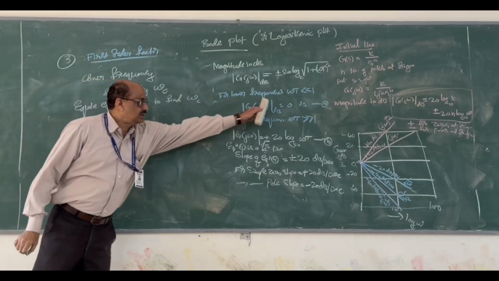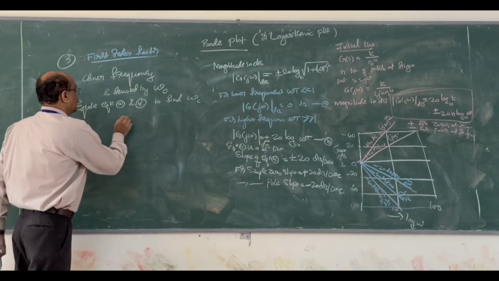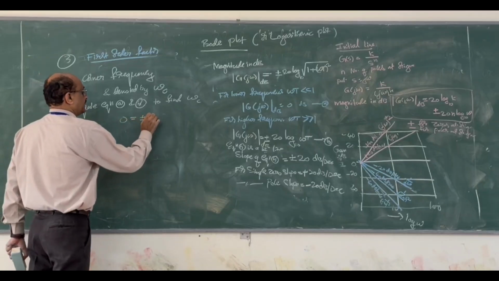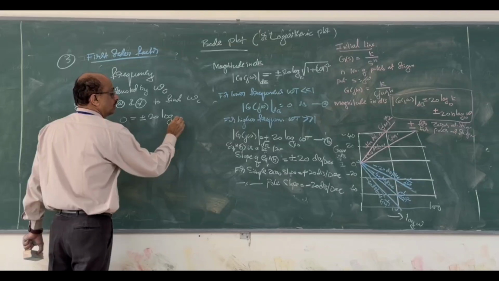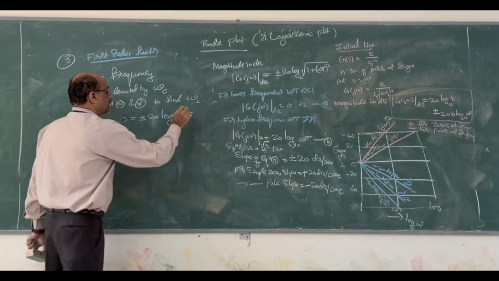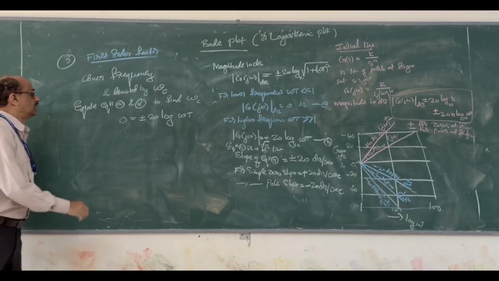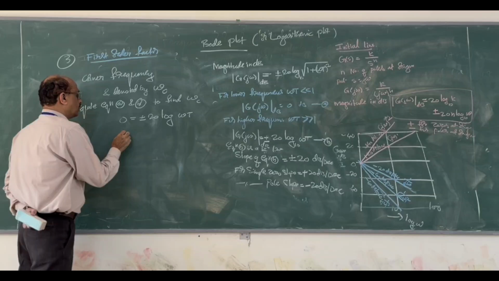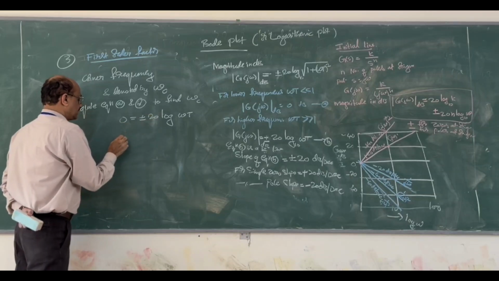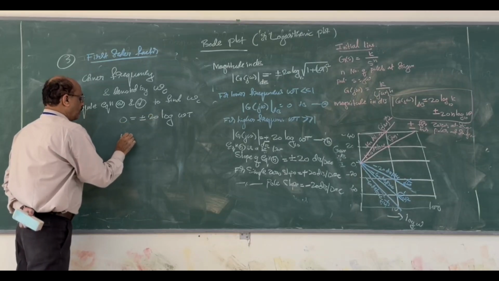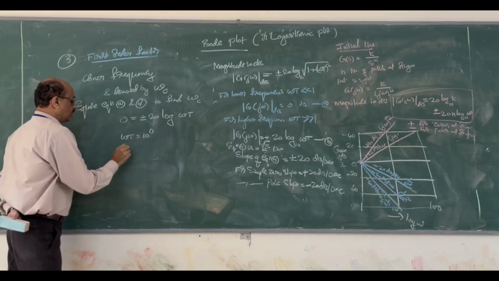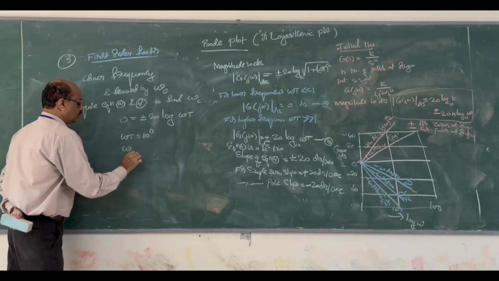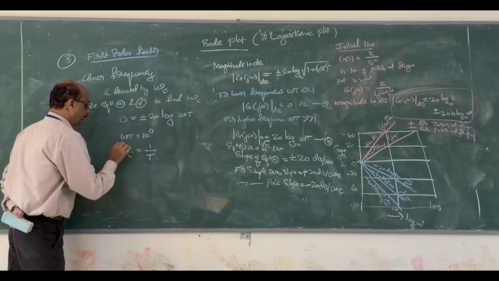Equating these two, 0 equals plus or minus 20 log omega t, so log omega t equals 0, omega t equals 10 to the power 0, which is 1. So omega c equals 1 over t.